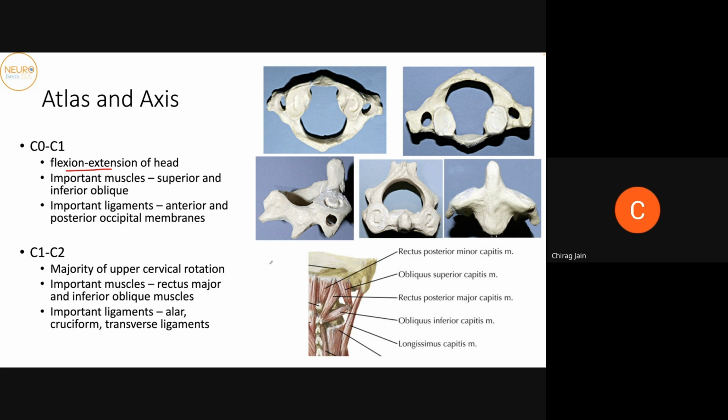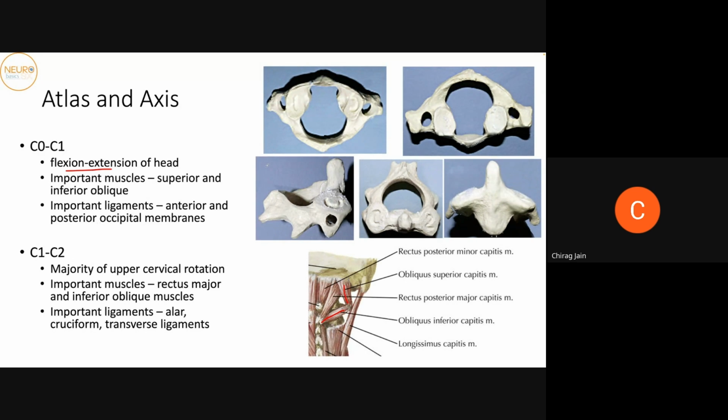There are two important stabilizing muscles for this joint, the superior and the inferior oblique over here. As you can see, the superior oblique runs between the lateral mass of the C1 and the occiput, and the inferior oblique runs between the lateral mass of the C1 and the C2 spinous process. There are important ligaments of the CV junction, but limited to just C0-C1, you have the anterior and the posterior occipital membranes.